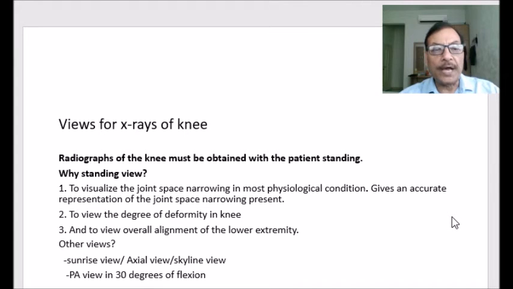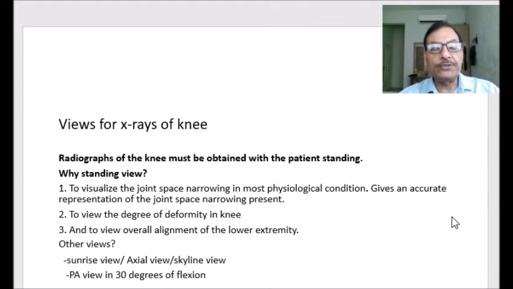It gives an accurate representation of the joint space narrowing which is present when the patient is walking. It also gives the degree of deformity in the knee, which becomes very apparent when the patient is bearing weight on the knee. And it will also give an overall alignment of the lower extremity.